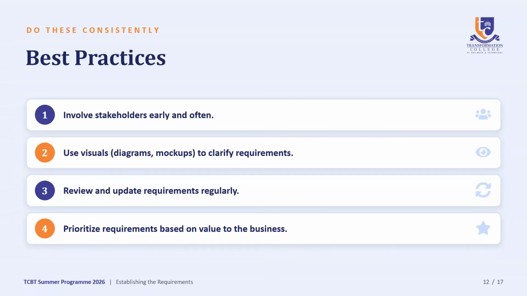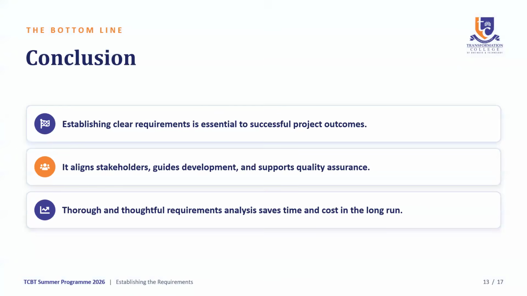Prioritize requirements based on value to the business, so a high-value requirement, or a must-have, should come prior to the could-have, when it comes to the MoSCoW technique of requirement analysis.